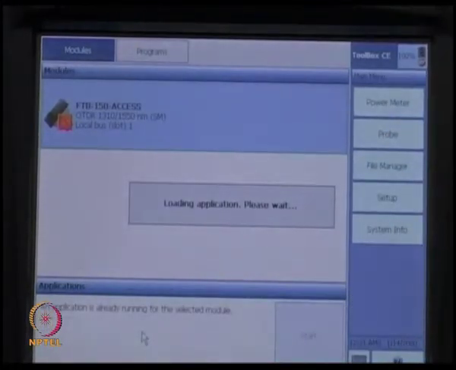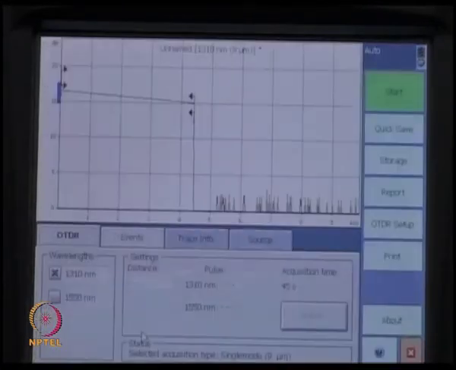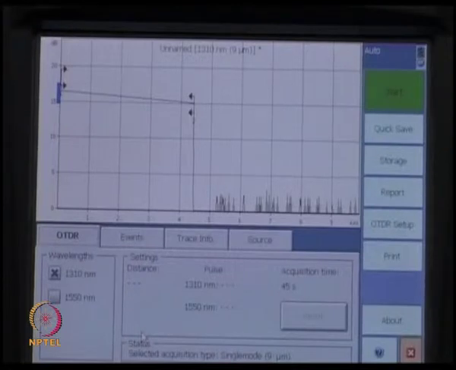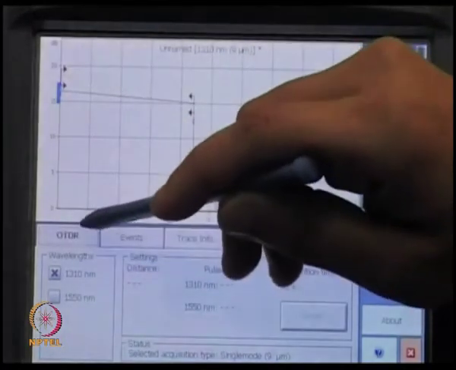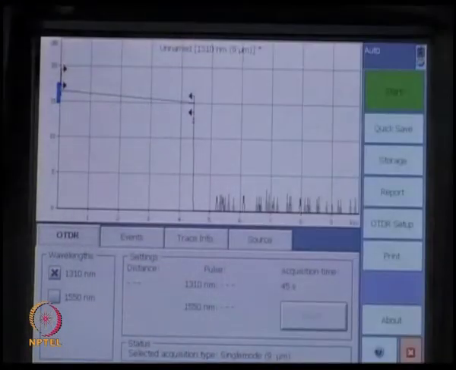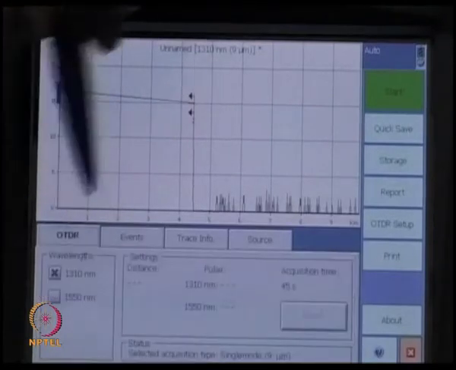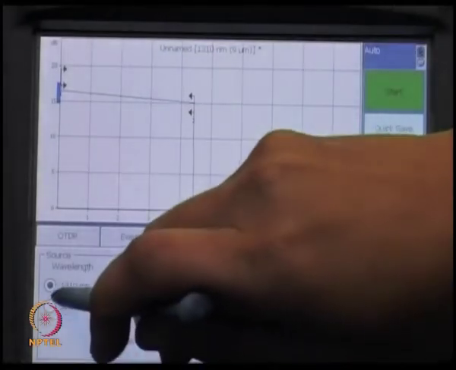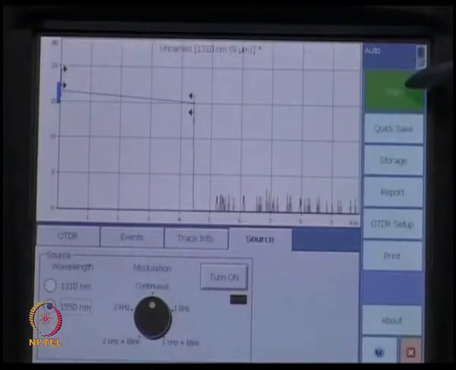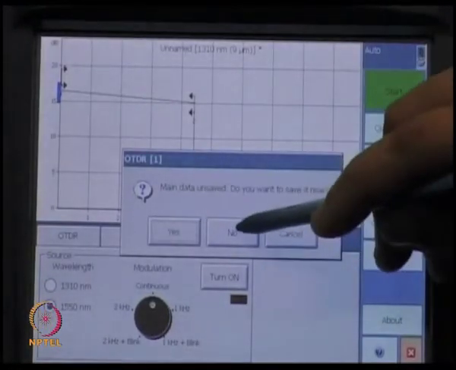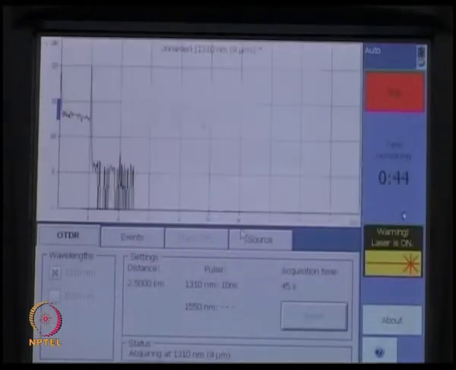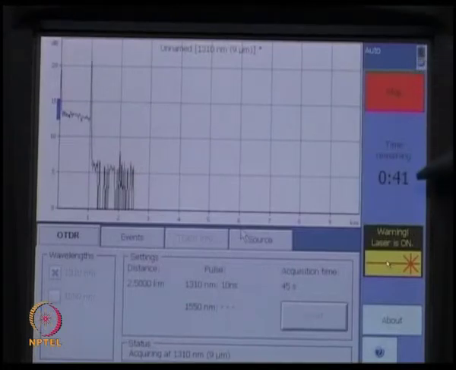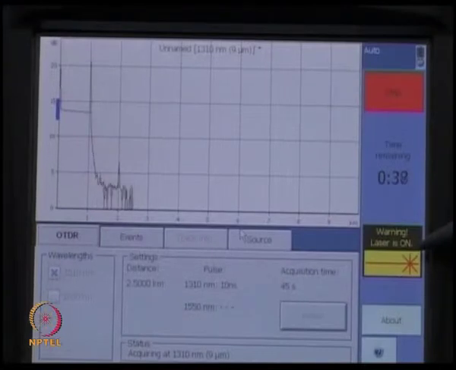Go to OTDR mode. Let us do the experiment now on 1550 nanometer. Laser is on now. Data is acquired.